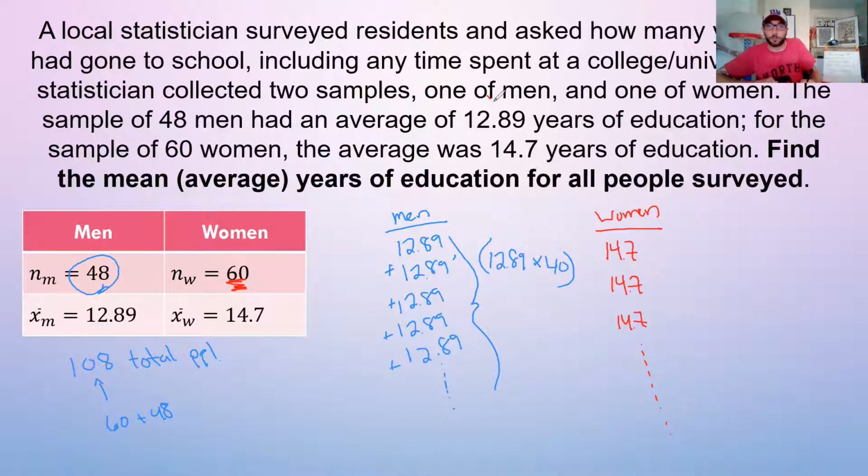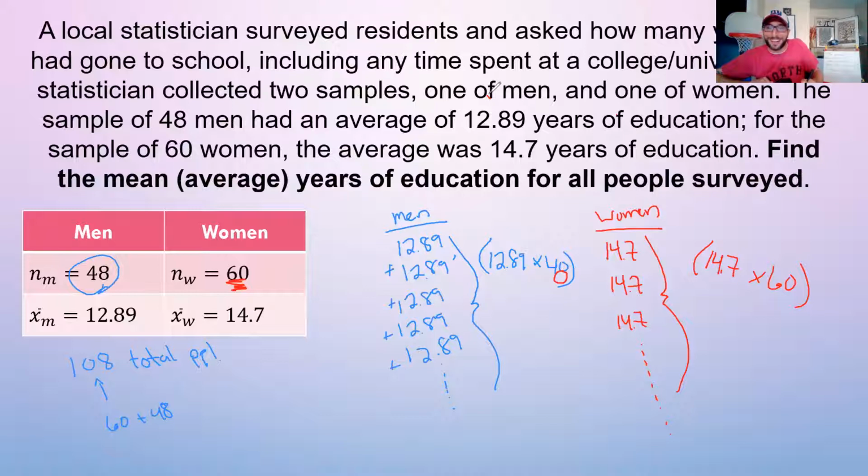That's the definition of multiplication. And adding 14.7 60 times is the same thing as 14.7 times 60. I kept saying 40, oh my bad, that's 48. Hopefully that didn't blow your mind and ruin this whole video.